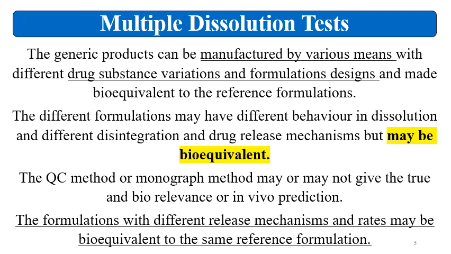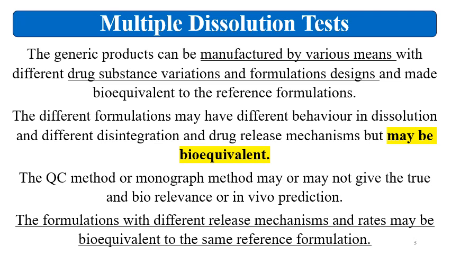The QC method or the monograph method may or may not give the true biorelevance or in vivo prediction. Many of the time the QC method is adopted, and this QC method is finalized based on the product characteristics, based on the API solubility criteria, but it is not the necessary thing that QC method will give you biorelevance or in vivo prediction.